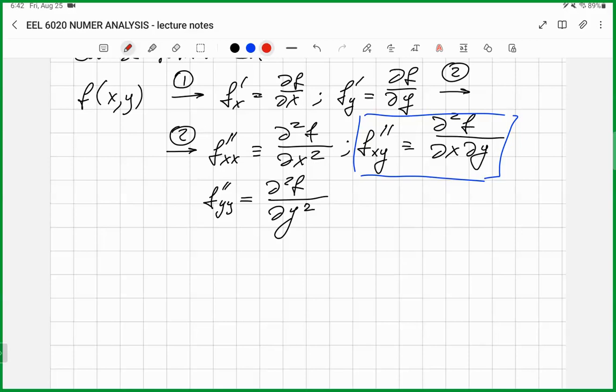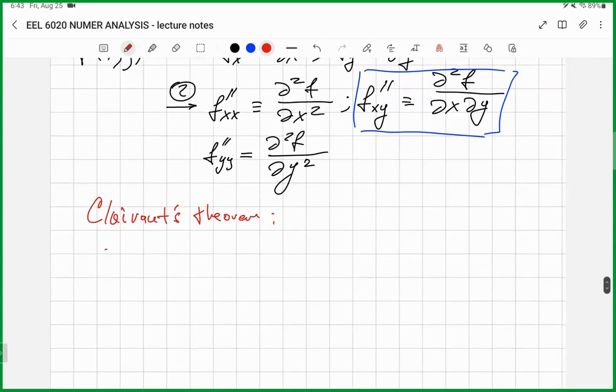And this is something that bears the name of Clairaut theorem. Something like this. I might be wrong, but Clairaut theorem.